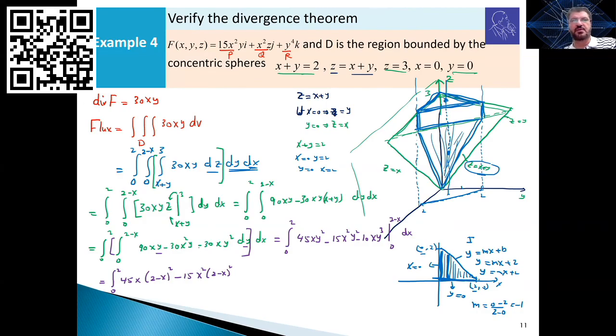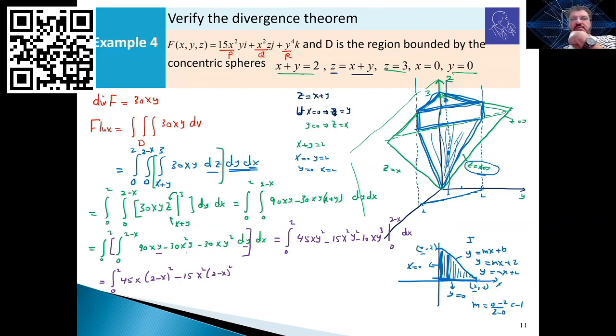So the integration with this one is y squared over 2. We didn't integrate, we just expanded this one. 30x squared y, here y squared over 2, okay.